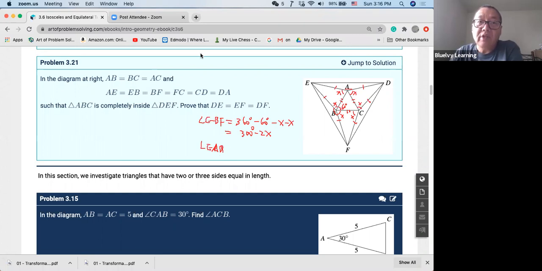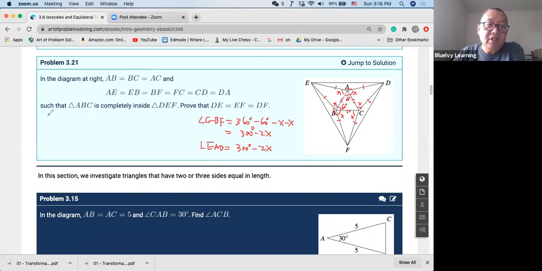This angle EAD, this one equals, because this one also 60 degree, right? So that means this one also equals 300 degree minus 2x.